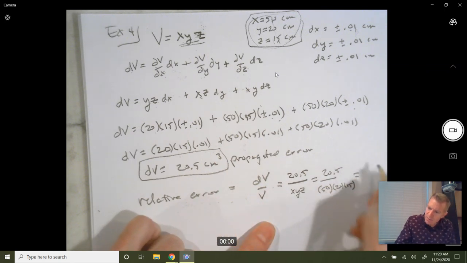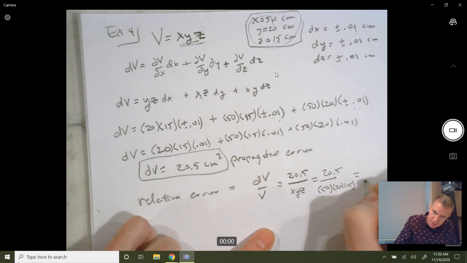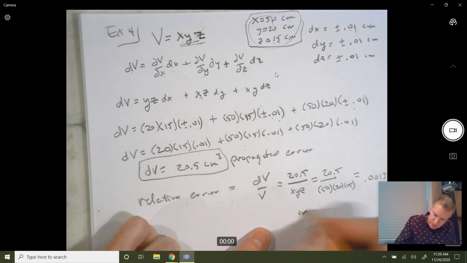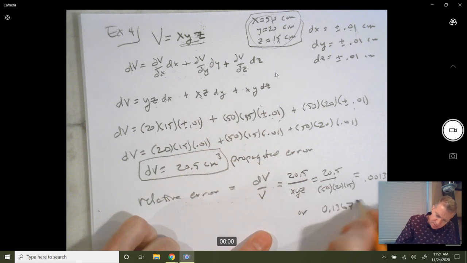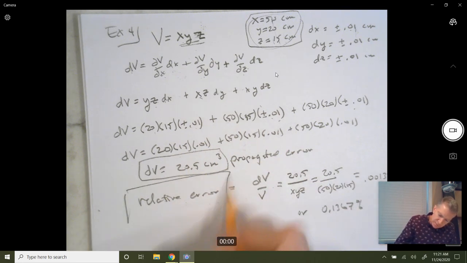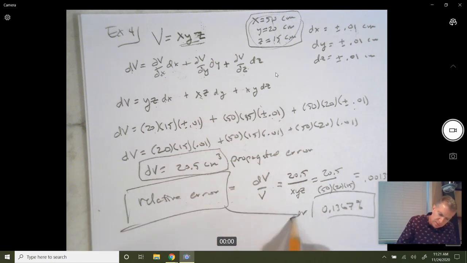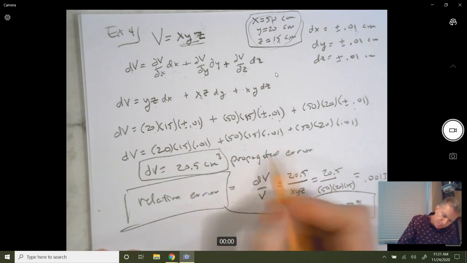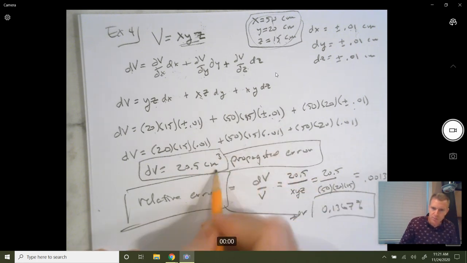Okay, and that comes out to be 0.001367, or as a percentage, we'd say 0.1367%. Okay, so our relative error comes out to be this. Our propagated error comes out to be this.